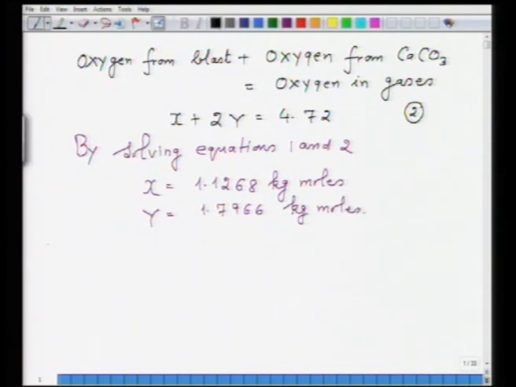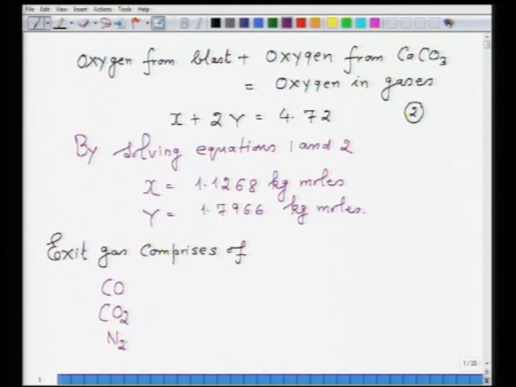Now, the exit gas comprises of carbon monoxide, carbon dioxide, and of course, nitrogen, because air is used for blowing purposes. So, first I will write in kg moles.